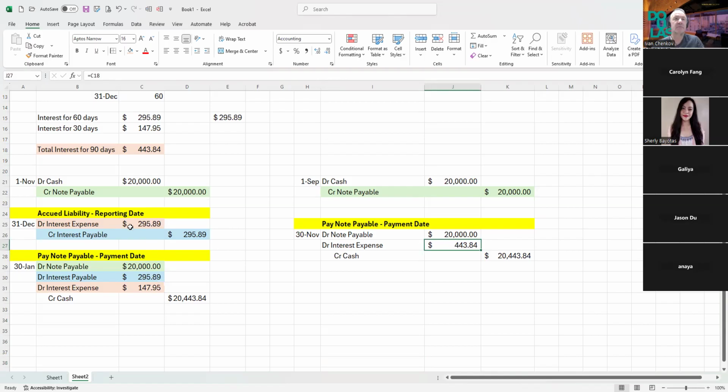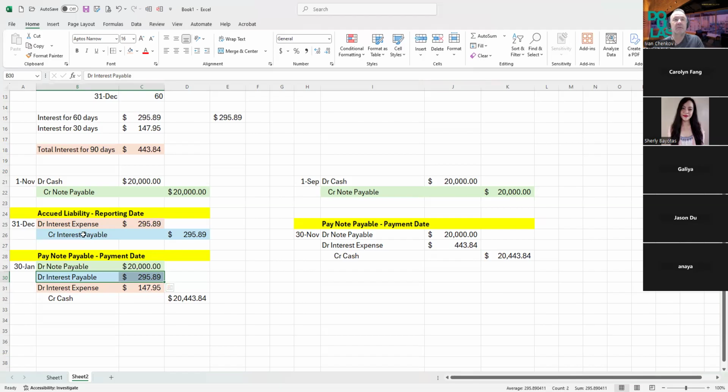How much is the interest expense in these two cases? Same. What's the only difference? Here I have payable, which is two payables that are eliminating with each other, and that's all. That's the only difference. Everything else is the same.